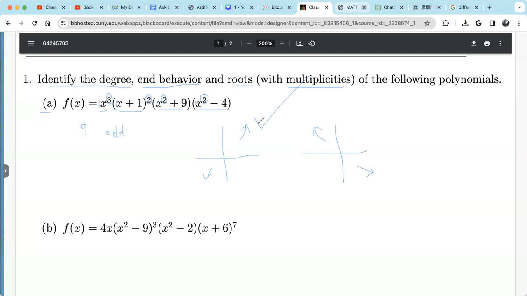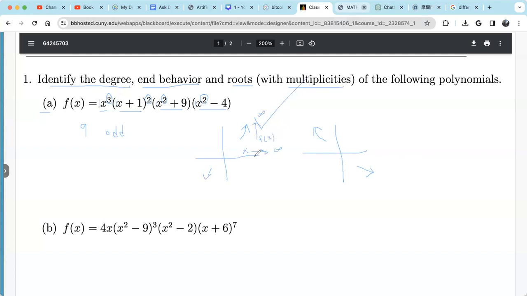So how do we use words to represent this end behavior? This arrow means the x value keeps going to positive infinity, right? This is for the x value. And also the y value, the function value, f of x, also keeps going to positive infinity.